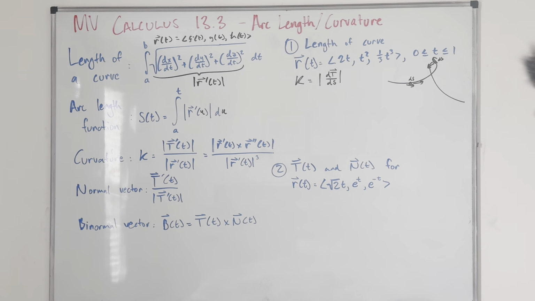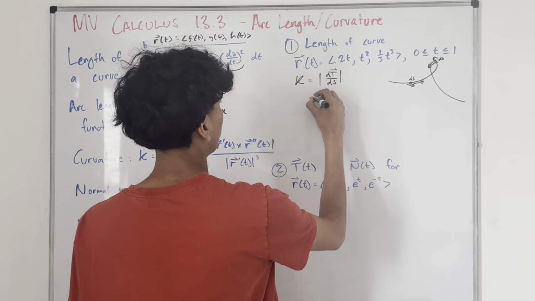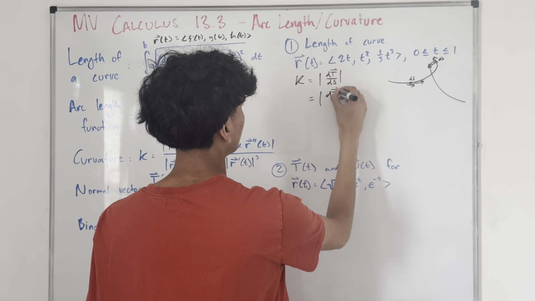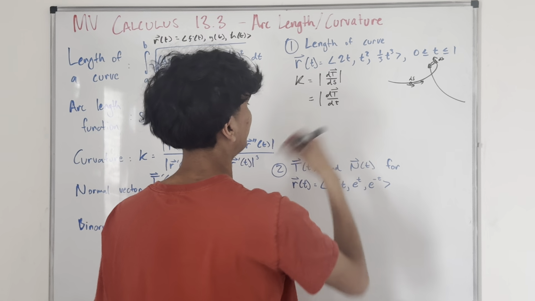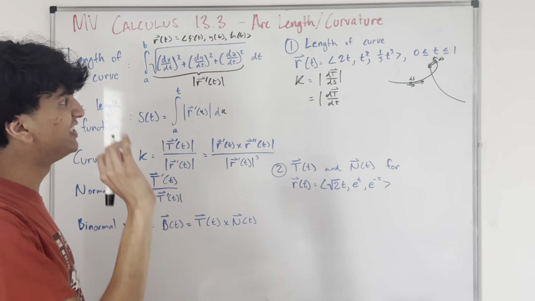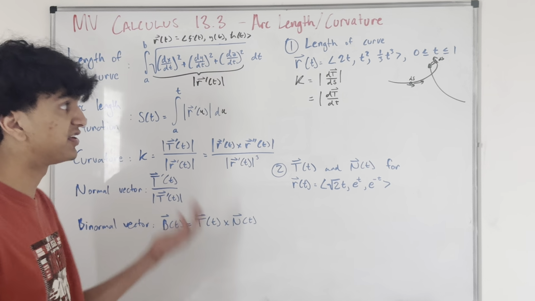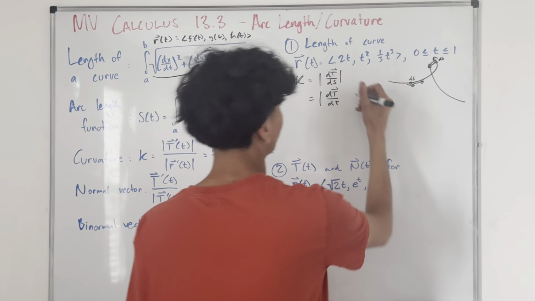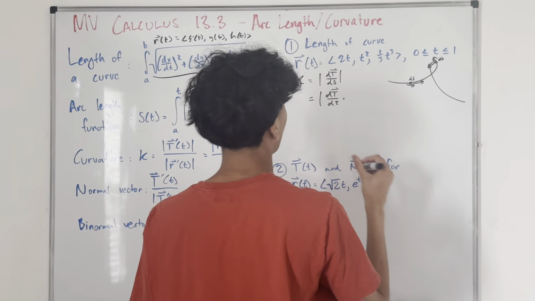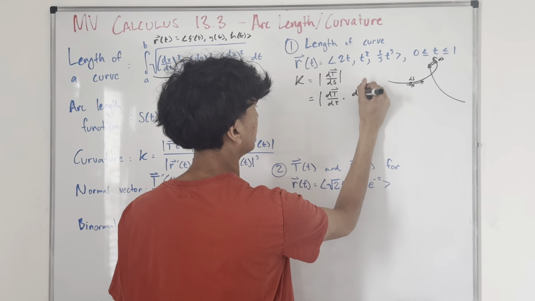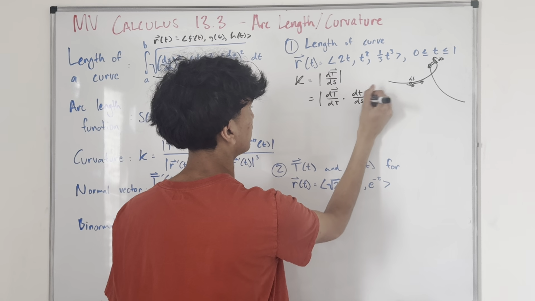What we can do instead is say, I know this will just equal the magnitude of d/dt of the tangent vector, the time derivative of the tangent vector, times, well, to get a ds on the bottom, we have to multiply by dt/ds.